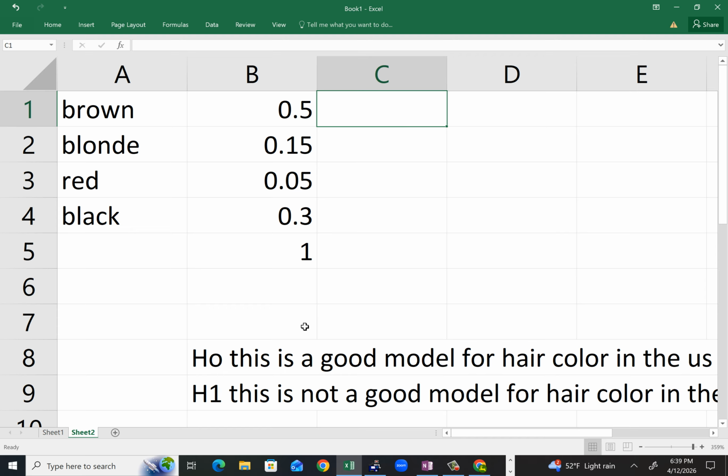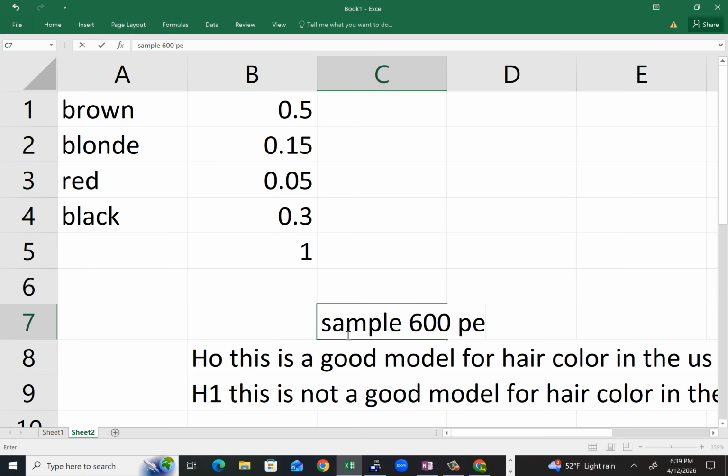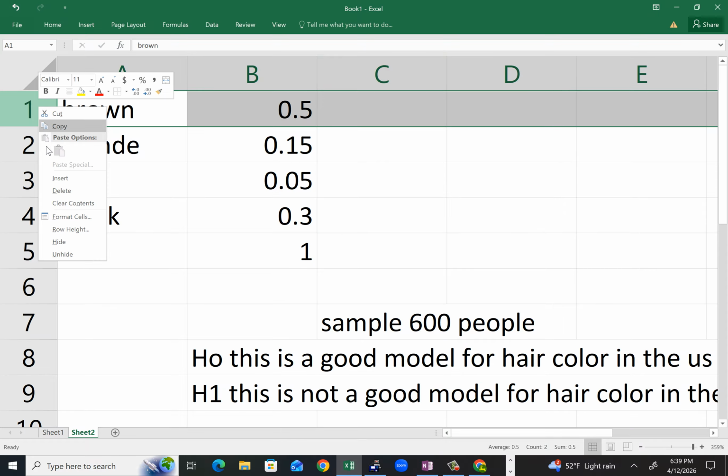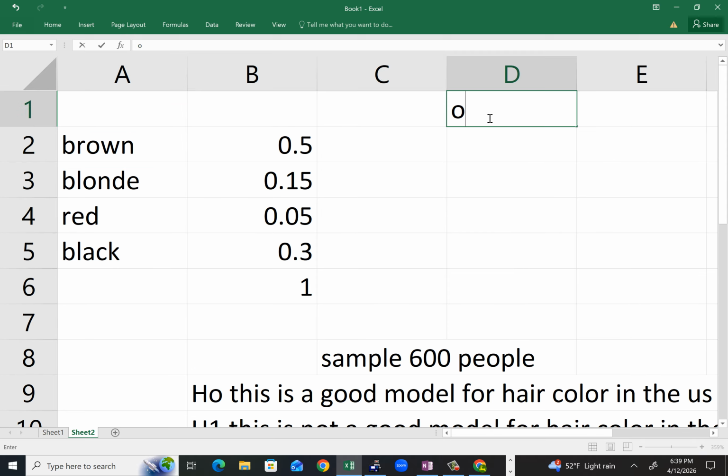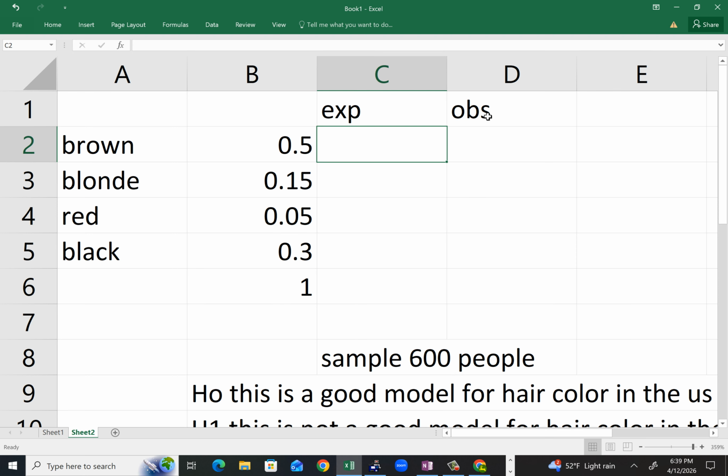We're going to go out and sample 600 people. So, what would your observed be? Insert. So, observed and expected. Well, now listen, out of 600, I expect 300 to be brown.